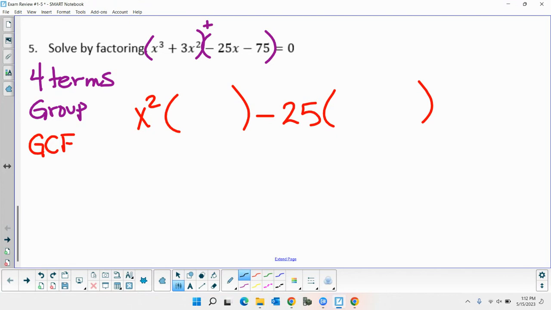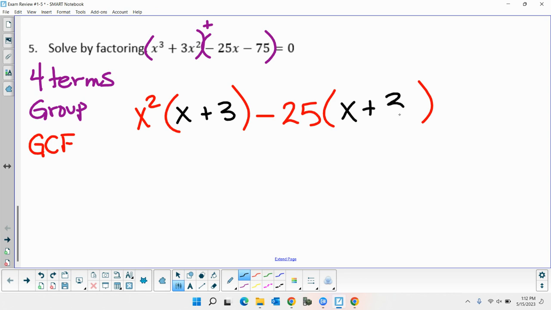So when we do GCFs, we divide them. What's x cubed divided by x squared? What's 3x squared divided by x squared? 3. What's negative 25x divided by negative 25? 1x, right?